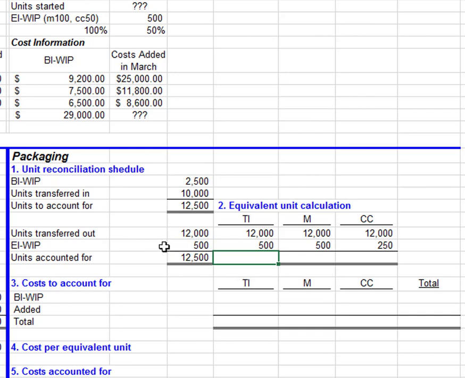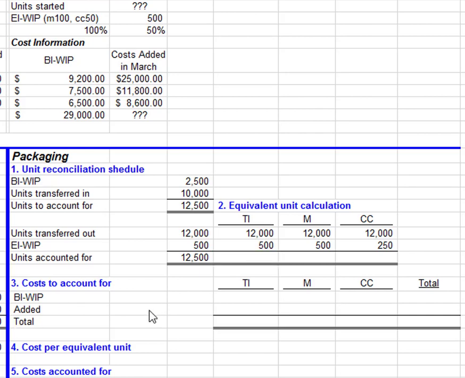The ending inventory work in process, again, how complete are those 500 units with regards to the mixing department? They're 100% complete. Okay, so this column here for transferred in is always 100%. The units transferred out, this row here is always 100%. Okay, it's the ending inventory work in process that we're concerned about the percentage of completion. All right.